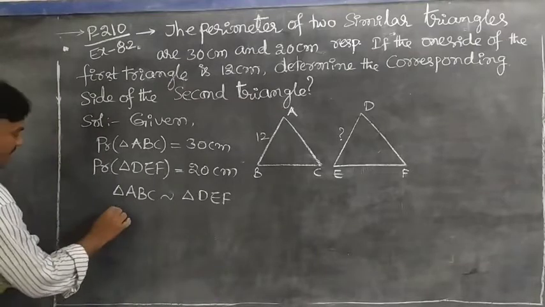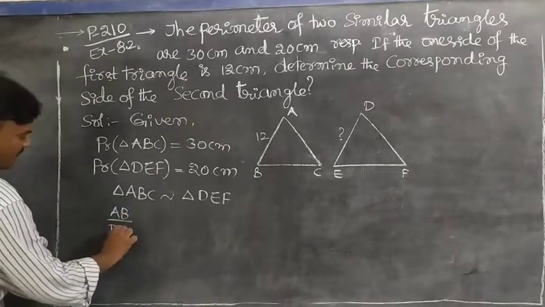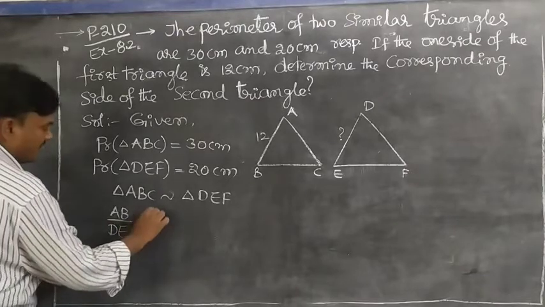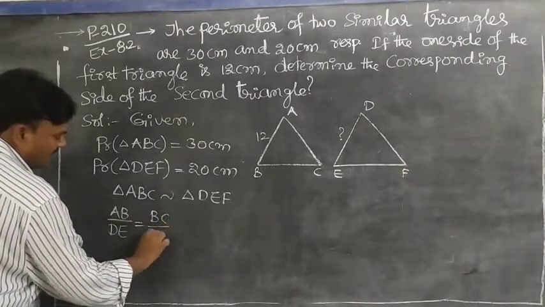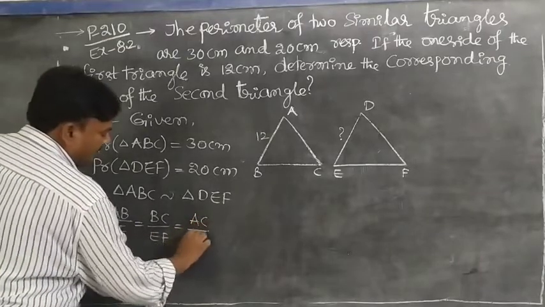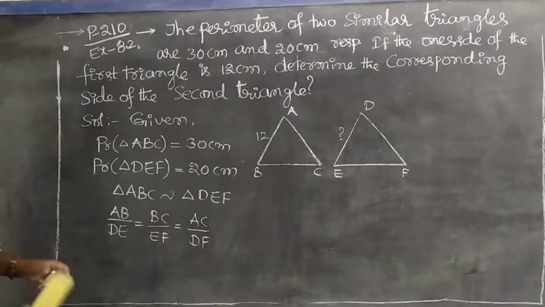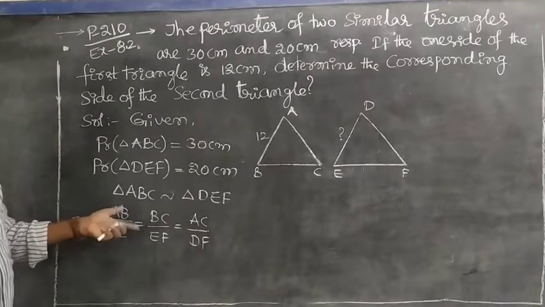That means observe, AB by DE equal to BC by EF equal to AC by DF. Okay, students, the sides are in the same ratio.